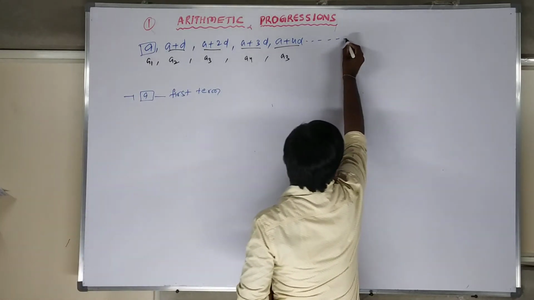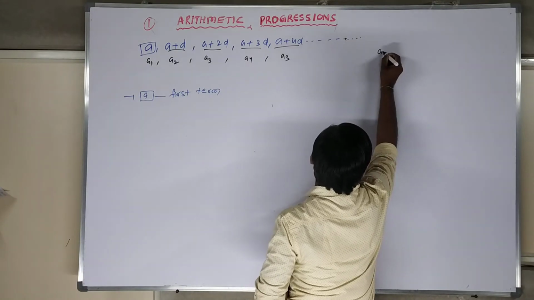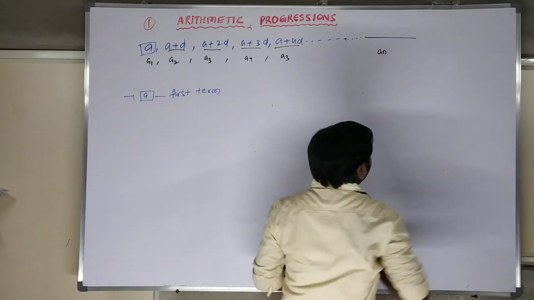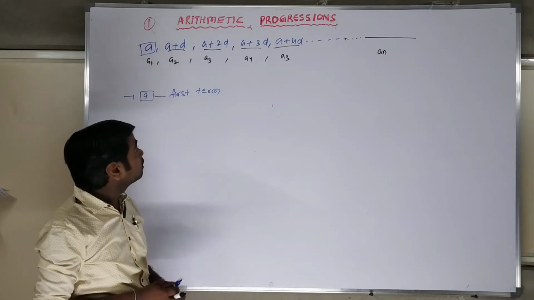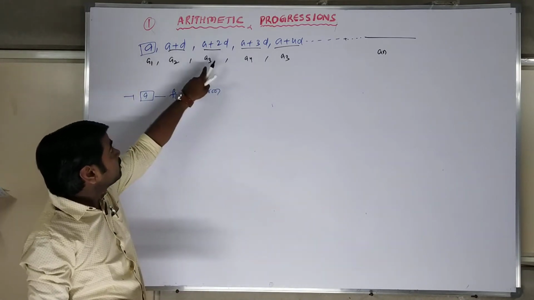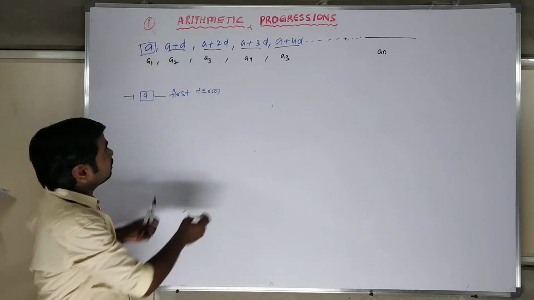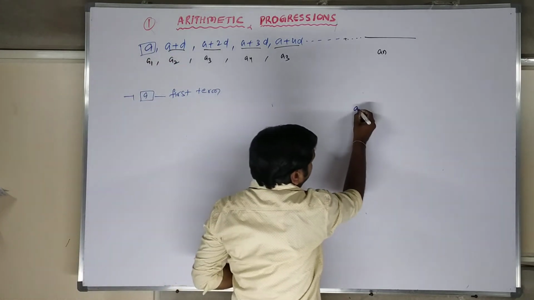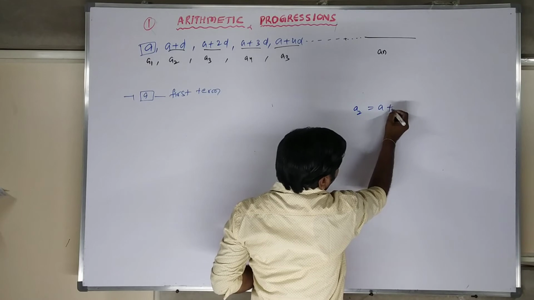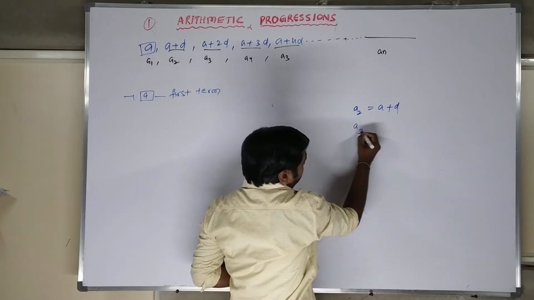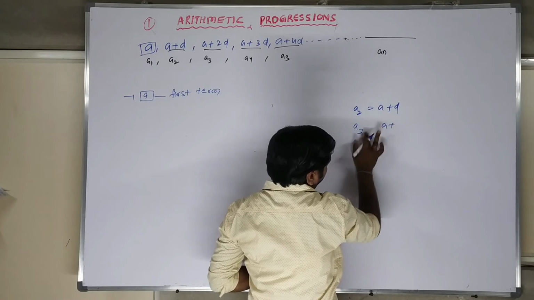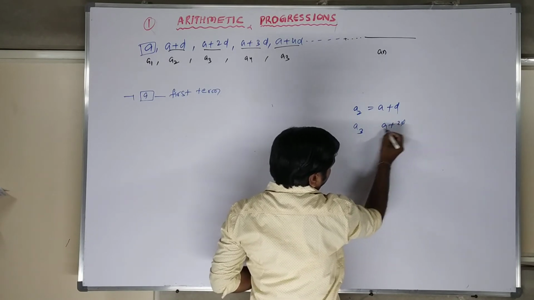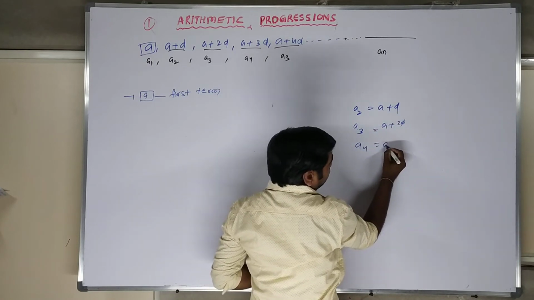The nth term means the last term. That is the logic I can say right now. For that, a2 means a plus d, a3 means a plus 2d, a4 is a plus 3d.